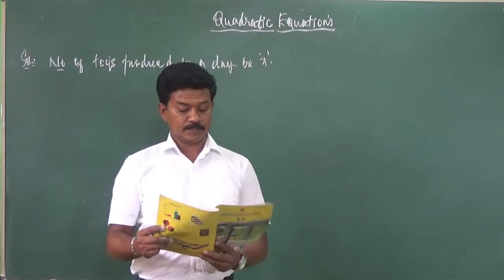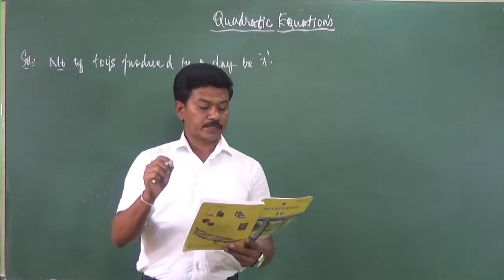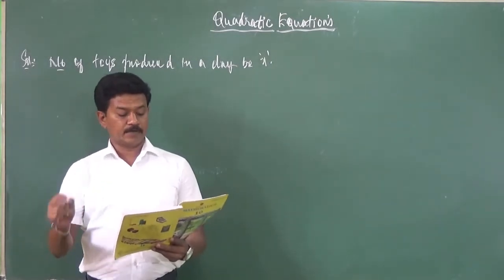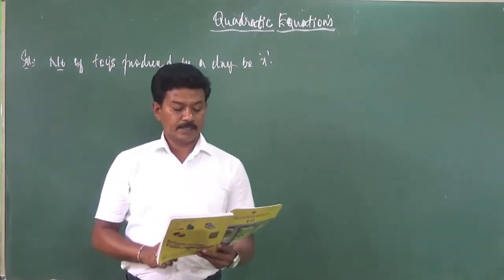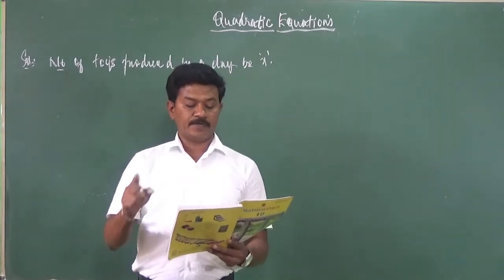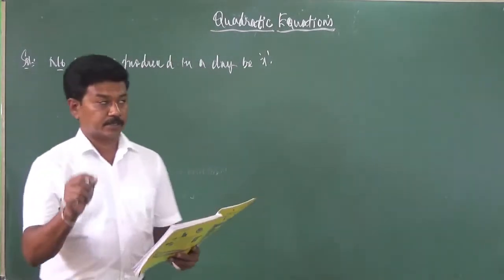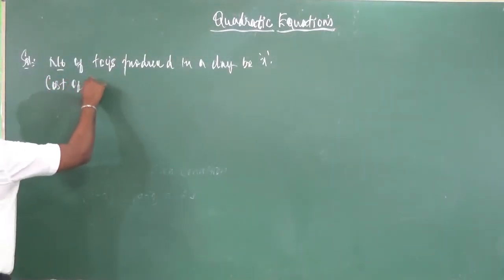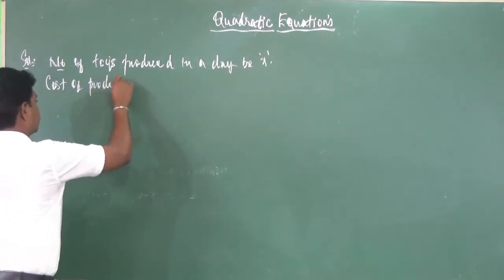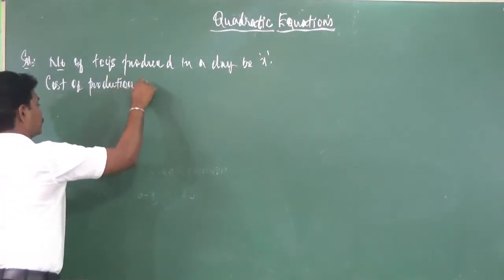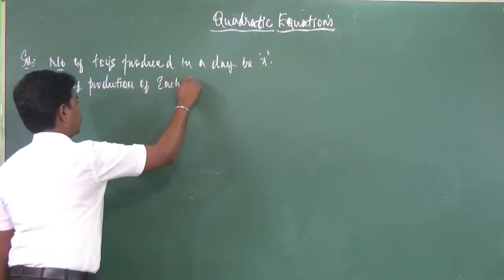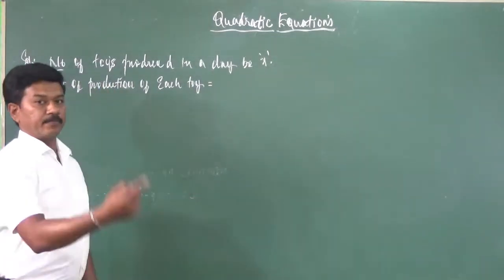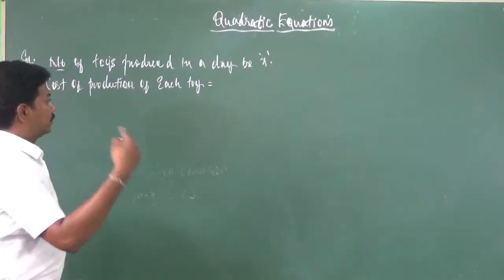For example, here it goes. Once again I will read out. The cost of production of each toy was found to be 55 minus the number of toys produced in that day. So the cost of production of each toy is 55 minus x, the number of toys produced in that day.